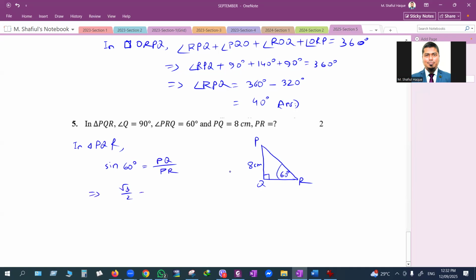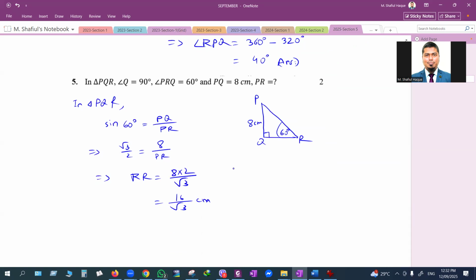Sine 60 is root 3 by 2. PQ is 8, and PR we need to find. Then PR is equal to 8 into 2 divided by root 3, that is 16 by root 3 centimeters. It can be converted into decimal values, which is 9.24 centimeters.